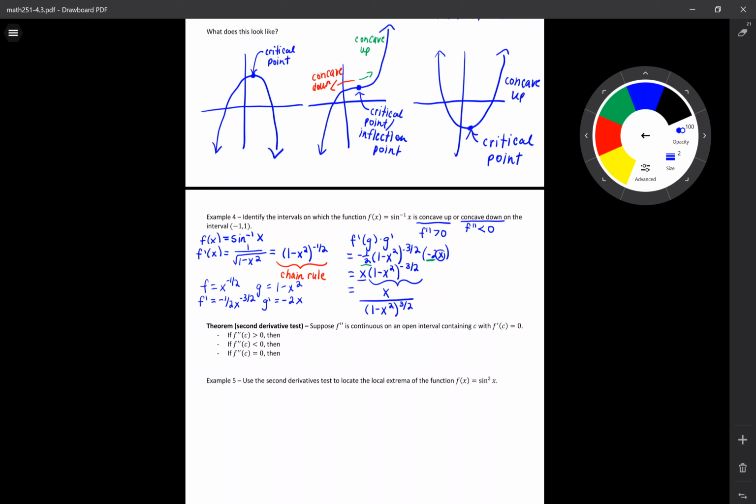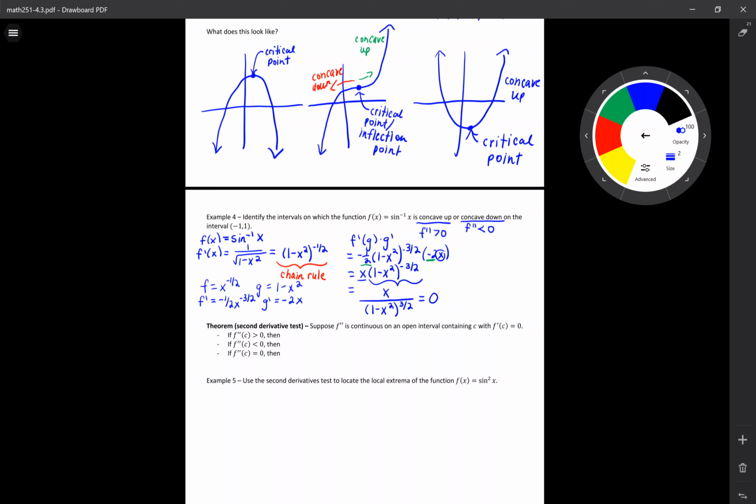And remember, I want this to equal 0 because this is f double prime. So I'm going to do this number line test again, except in this case I will be working with f double prime since I'm dealing with concavity here. So this is my f double prime, x over 1 minus x squared to the power of 3/2.